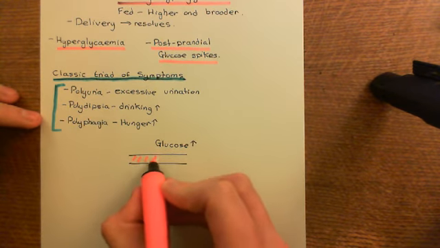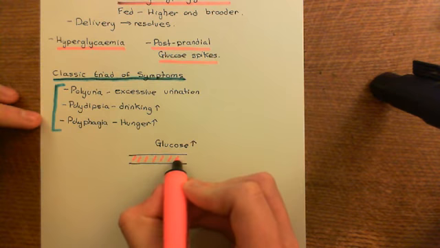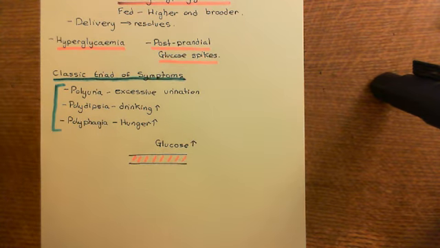Basically, what starts to happen is the kidney starts to excrete glucose in the urine. Now, that does not usually happen. The kidney does not usually excrete glucose within the urine. And this is the other reason that diabetes mellitus is called diabetes mellitus: excessive urination and the urine is sweet.